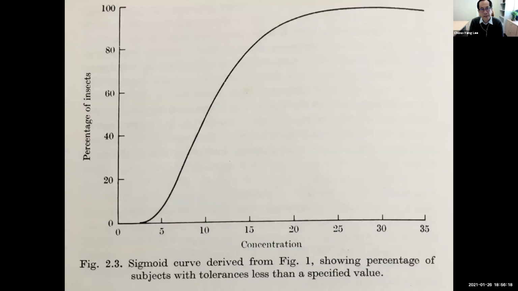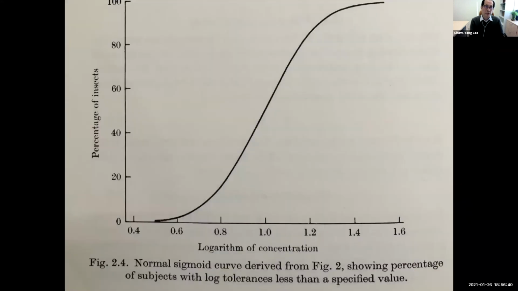Subsequently, if you take the mortality of the insects as a percentage and accumulate the mortality over the y-axis, and your x-axis is still concentration, you would find a sigmoid curve. If you turn the concentration over the x-axis into log 10 and have the cumulative percentage mortality over the y-axis, you will find a normal sigmoid curve.